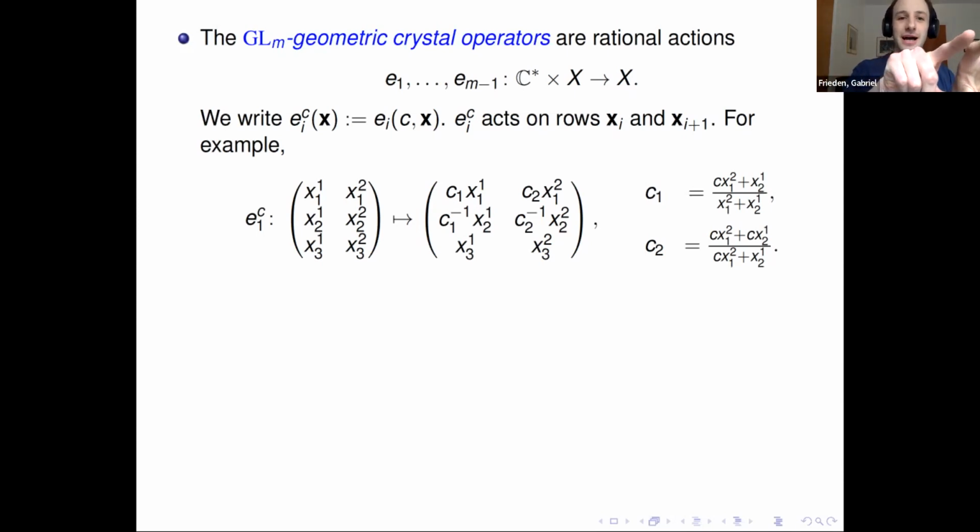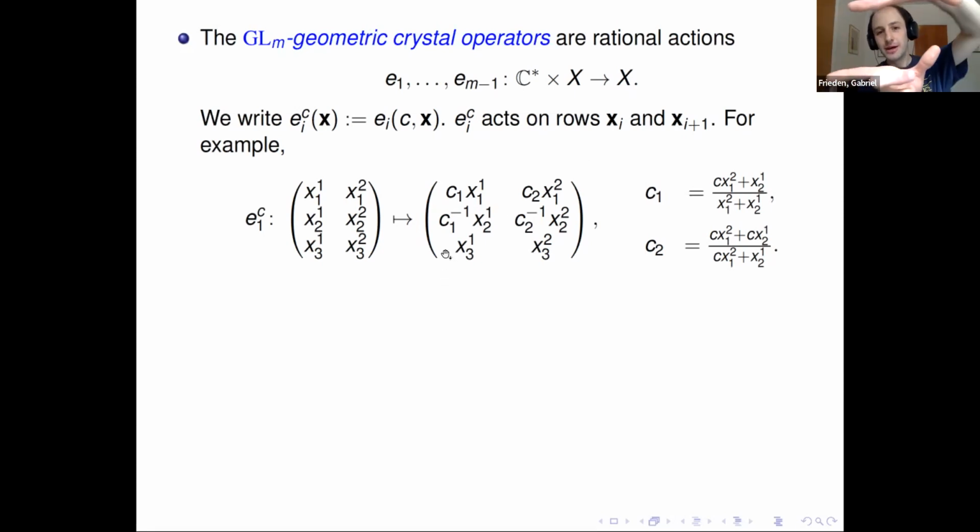And so when we think of it as being the tensor product of its columns, then the tableau have entries between 1 and m, so we get a GLm geometric crystal structure where the ith operator acts on rows I and I plus 1.